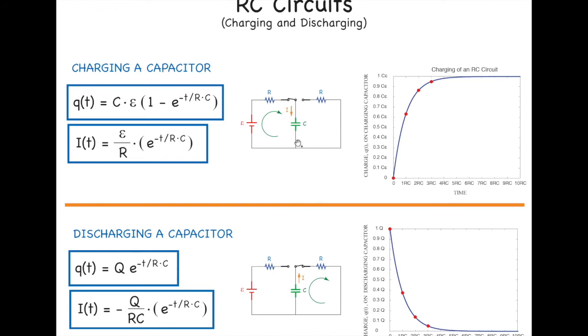The current is reversed compared to this situation where when we were charging, we were adding charge to the top plate. Now we're removing charge from that top plate. So that accounts for the minus sign. And then the behavior here is, again, a simple exponential. It's an exponential decay. So the current starts off very strong with a maximum current of Q over RC, and then slowly decays to zero.